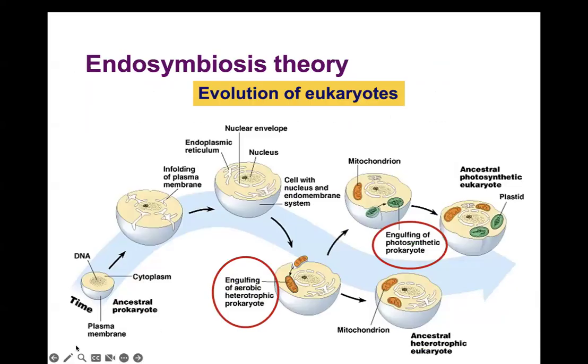So here might be a simple timeline of what the endosymbiotic theory suggests could have given rise to the first eukaryotic cells. We start back in time with an ancestral prokaryote that just has cytoplasm, DNA, ribosomes, and a plasma membrane. Some infoldings of the plasma membrane developed the first endoplasmic reticula and the nucleus.